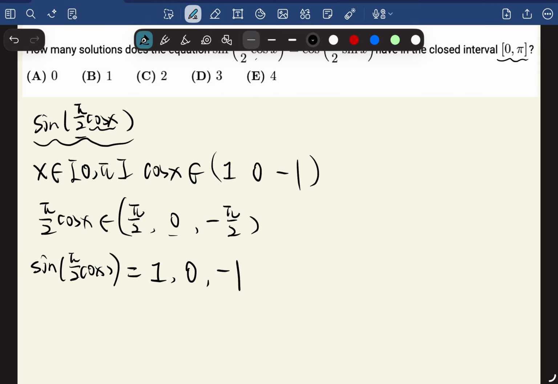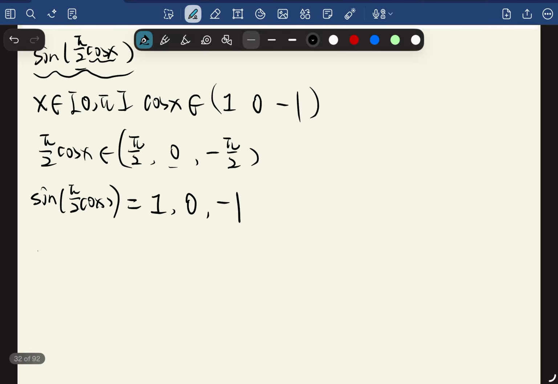So the graph of this whole function within the range of 0 to pi, let's just say this is pi, goes from 1, 0, and negative 1. So sort of like this.